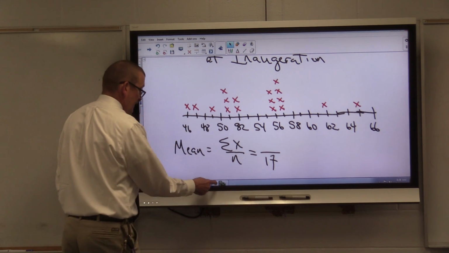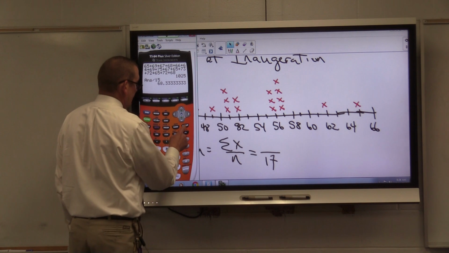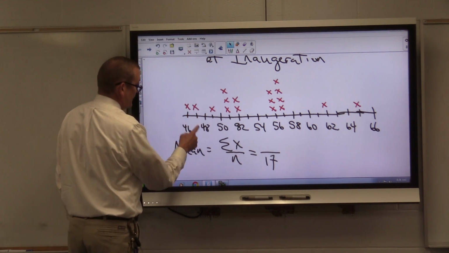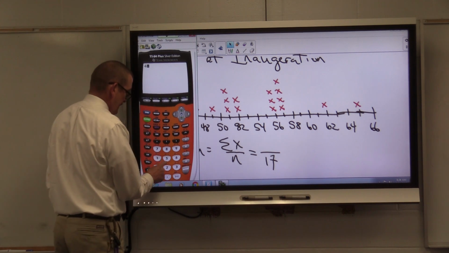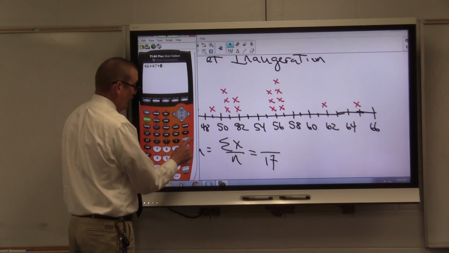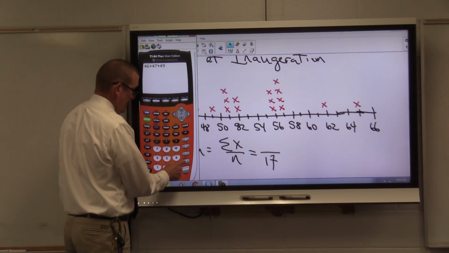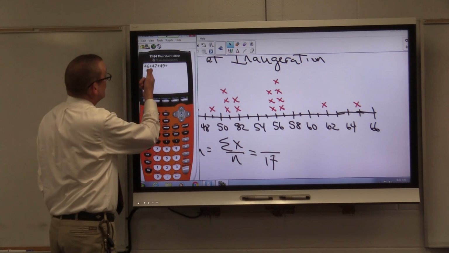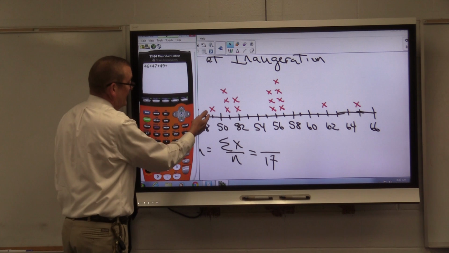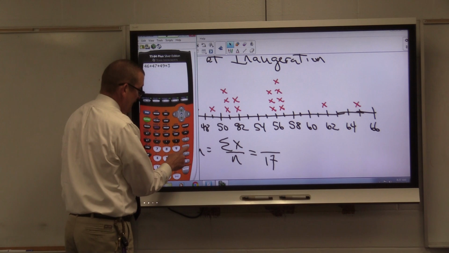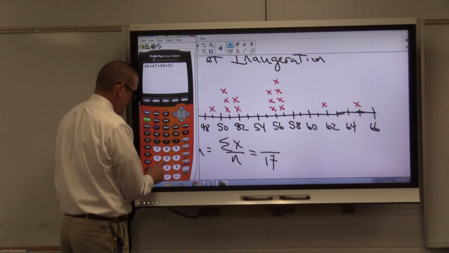And then what you do is I go and calculate, and I'm going to take 46 plus 47, and you should be doing this now as well with your calculator, plus 49, plus, now pay attention to the way I did this, 3 times 51.